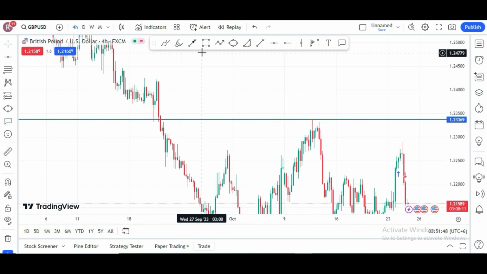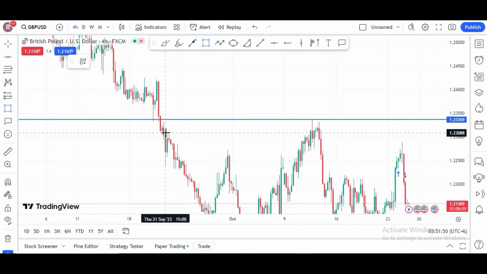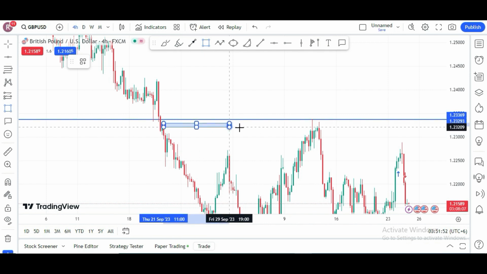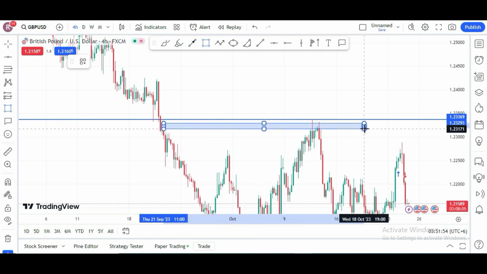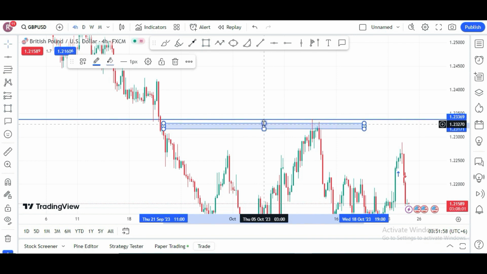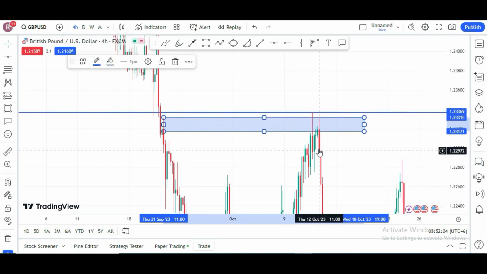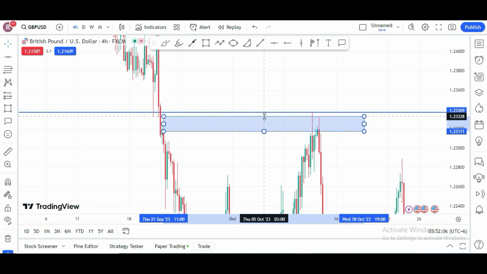So let's draw it. Here we can see this is the double top. We will consider this one and the top one.